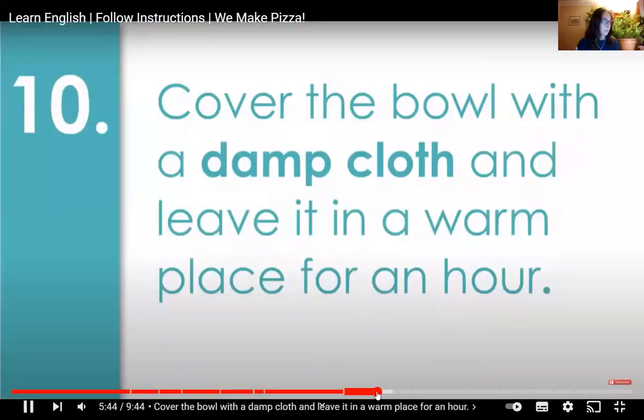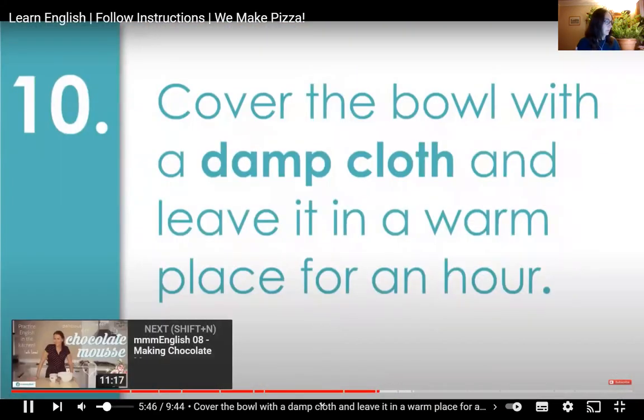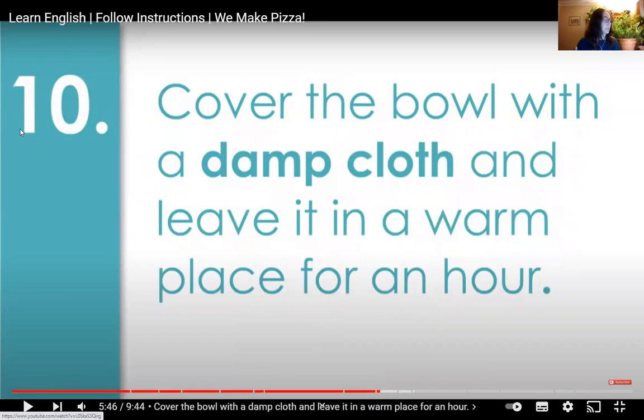Yes, see? Now, here, this is number 10. So these are the steps. The teacher shows you the steps and numbers the steps. So that's the number. Cover the bowl with a damp cloth and leave it in a warm place for an hour. So this is step number 10.